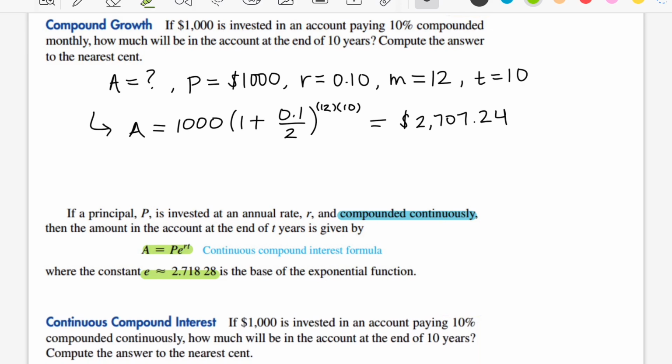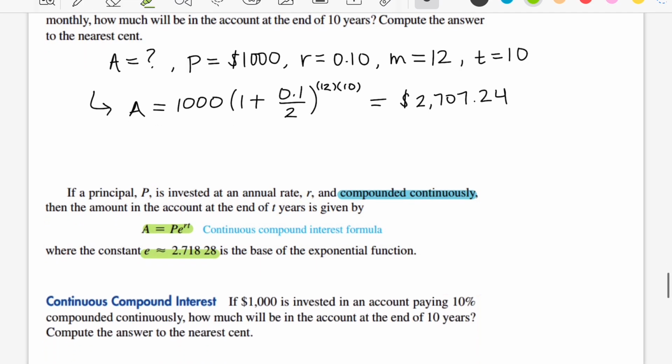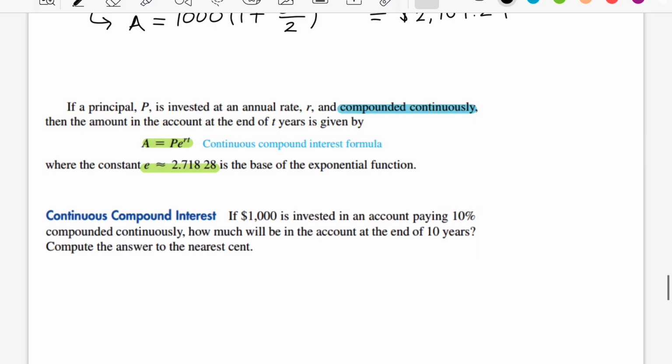So if we were given pretty much the same parameters as the previous example, but we're told that we're working with continuous compounded interest, we want to figure out how much will be in the account at the end of 10 years.